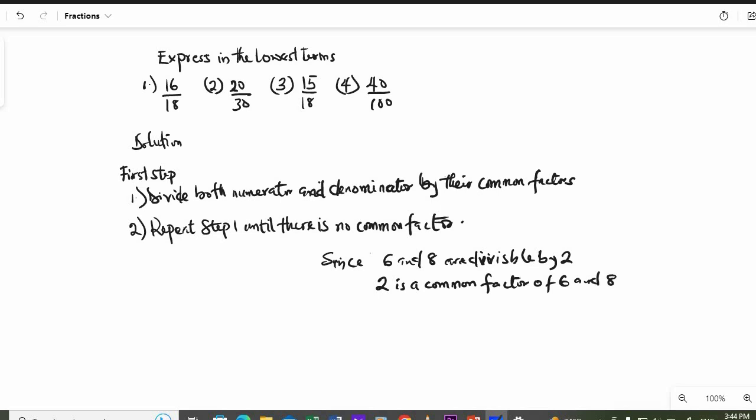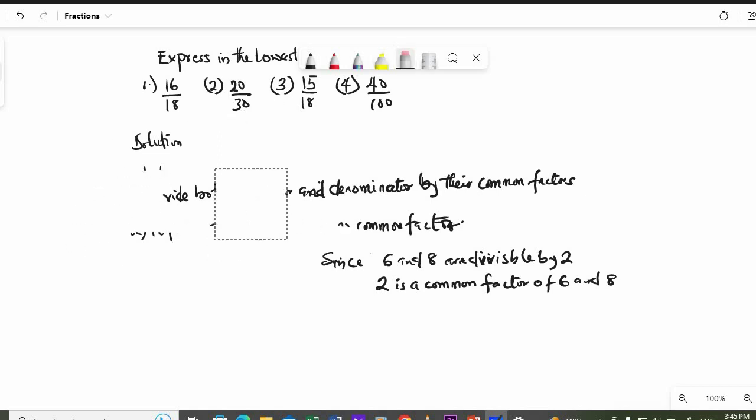Okay, so that's the simplest definition of common factor. Okay, so we're just going to erase this so we have some space to do our work.